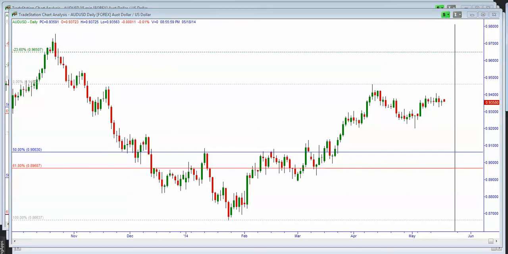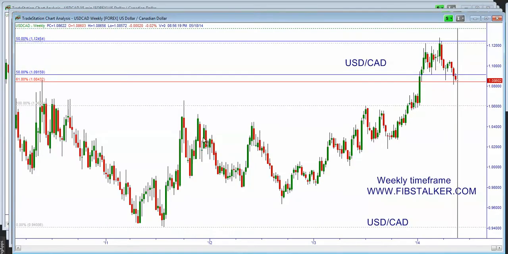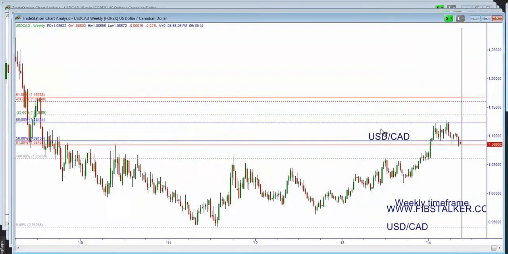Now moving to the US dollar versus the Canadian dollar, this market has been very interesting and very technical as well.